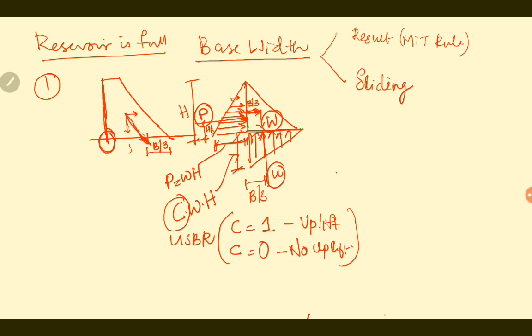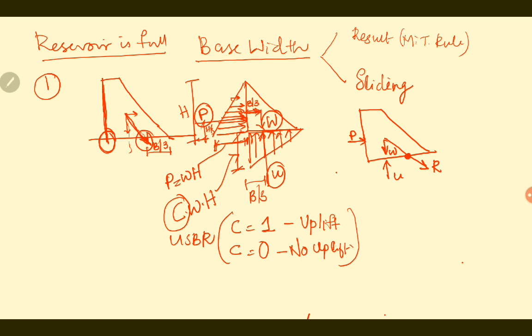We can take the moment about this point, that is the point at which the R or the resultant passes through. So this is the R. You are taking the moment about this point. Okay. So you have the forces acting, P, W and U, and we will take the moment about this point at which the R acts.